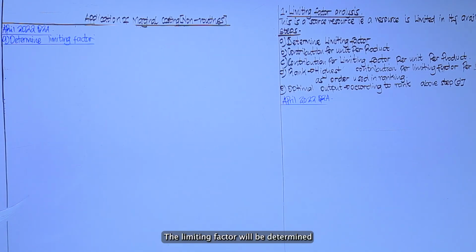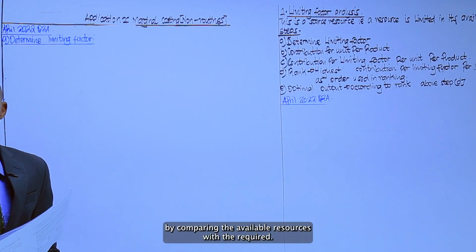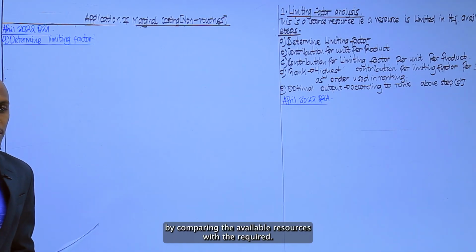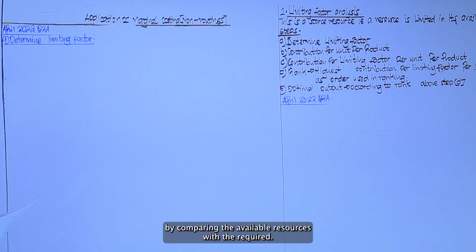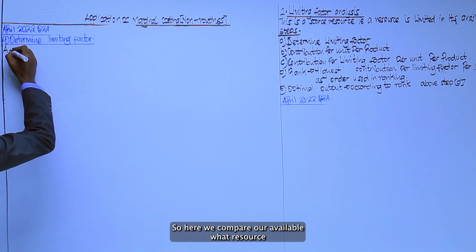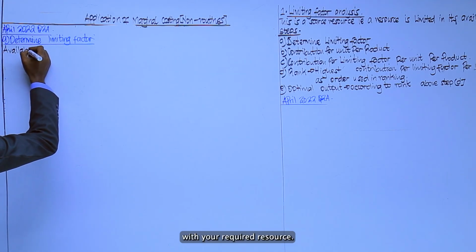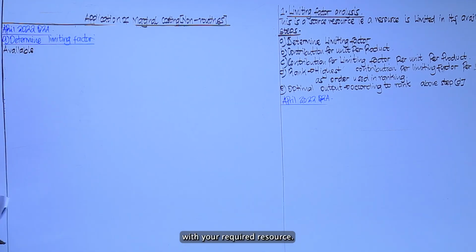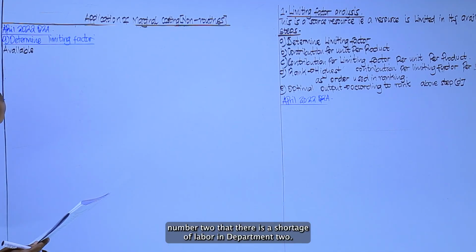The limiting factor will be determined by comparing the available resources with the required resource. So here we compare our available resource with your required resource. They are saying currently, note number 2, that there is a shortage of labor in department 2.